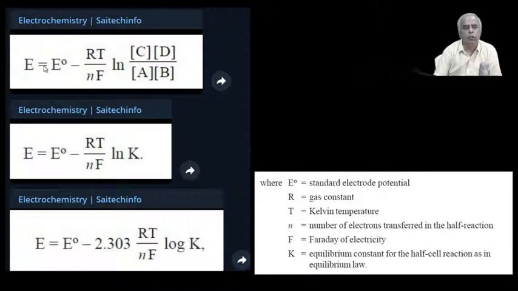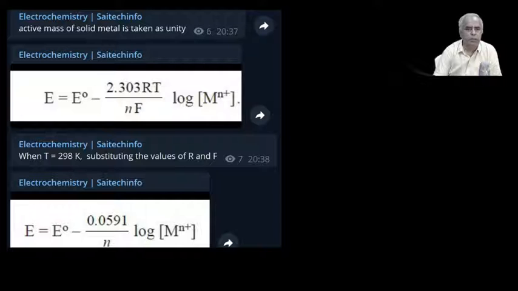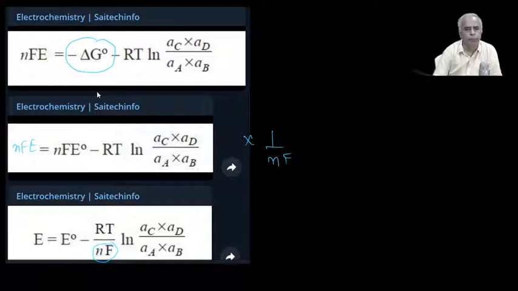And here E is equal to E naught minus RT divided by NF into log of, and this represents the natural log, that is Ln x, means log x to the base e, and this is called natural log. In fact, this is called the Nernst equation.